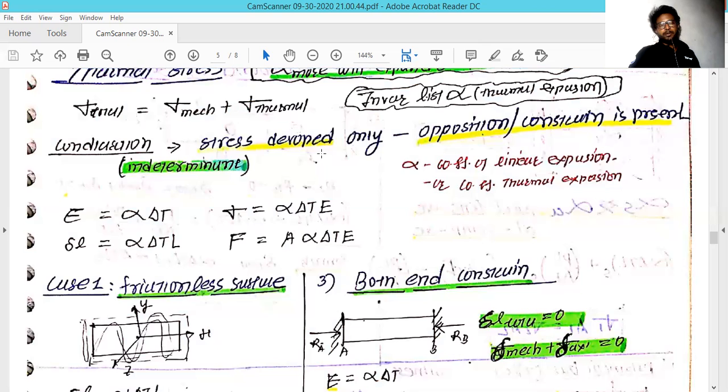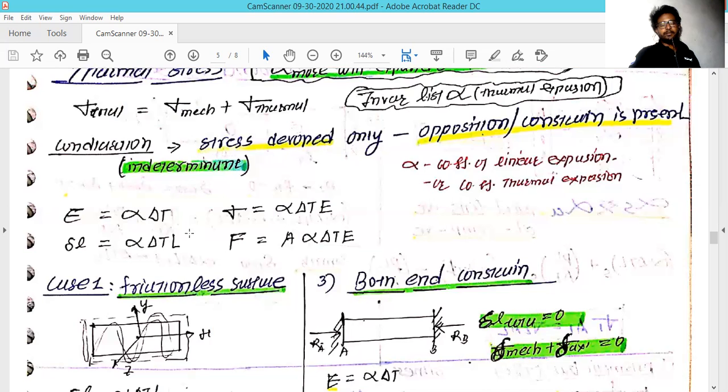If you multiply by the original length on the other side, the right-hand side of this equation gives you the straightforward value of the change in length in that cross section after heating through the temperature difference delta T. This is how it is calculated.